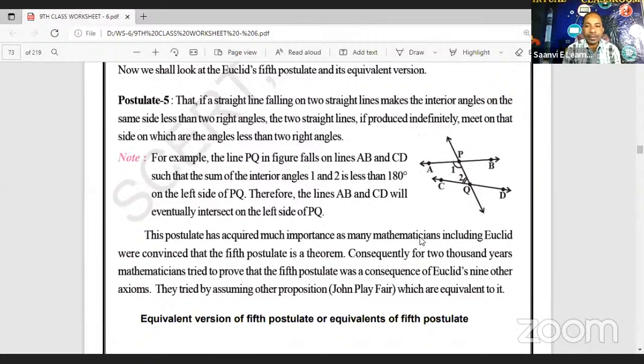So when the line PQ falls on AB and CD, there are 2 interior angles formed. Angle 1 and angle 2 are both interior angles, and they are on the same side of the transversal. So these 2 interior angles 1 and 2 sum to less than 180 degrees.